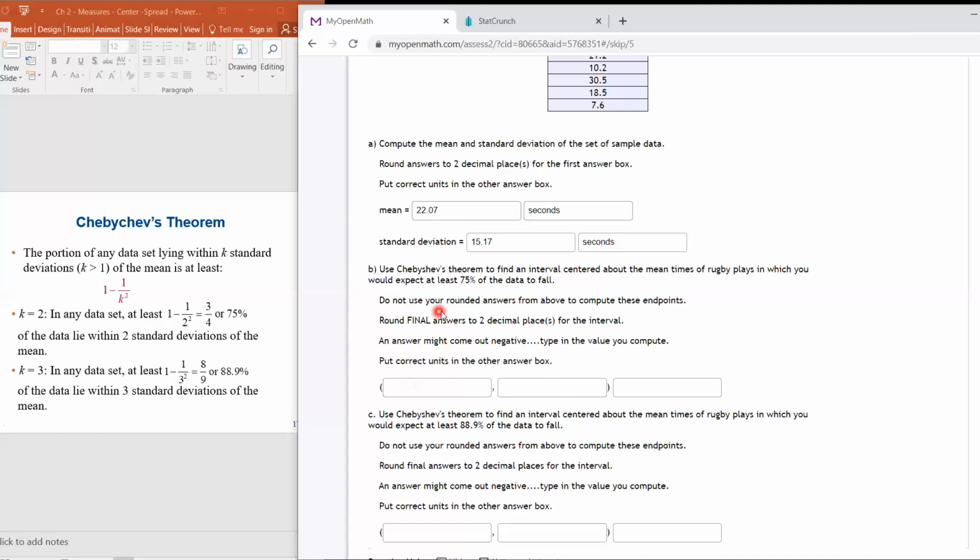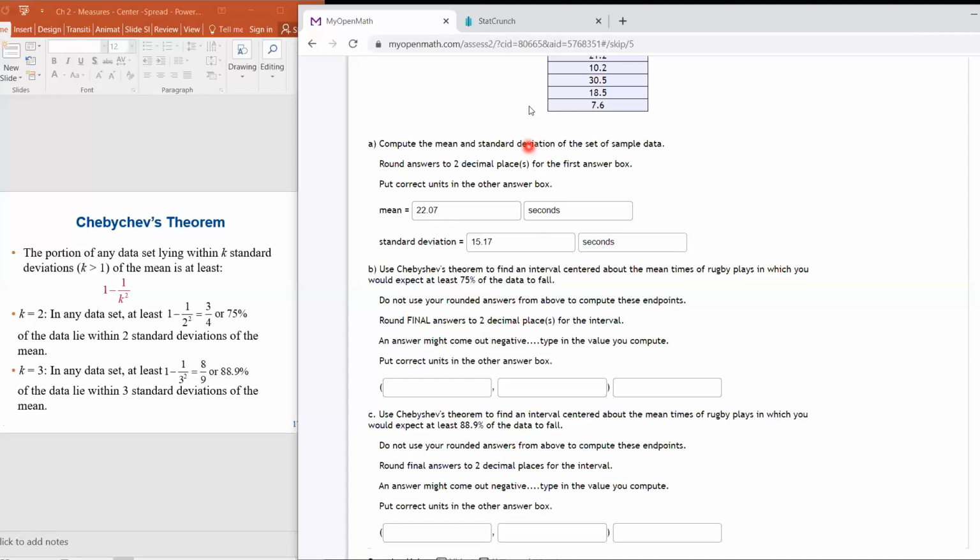It says do not use your rounded answer from above to compute these endpoints, which means you have to use the numbers with as many decimals as we computed before, and only round the final answer to 2 decimal places. Okay, so let's do that.